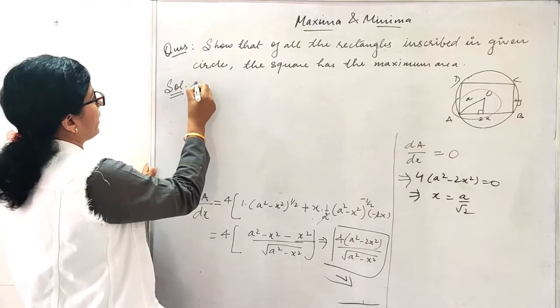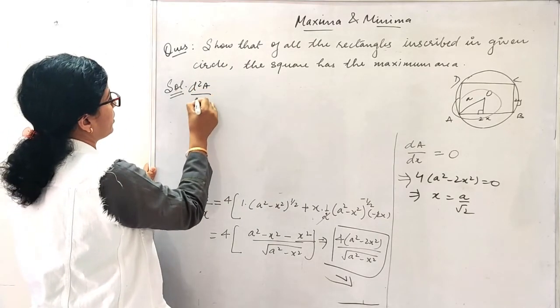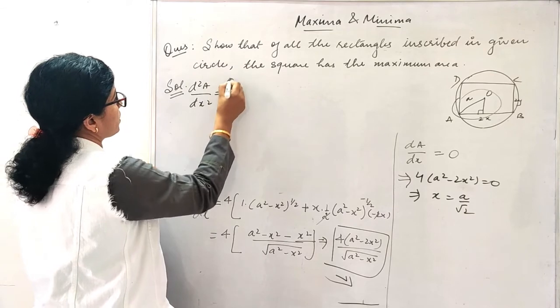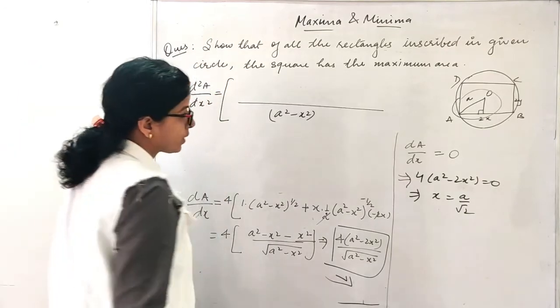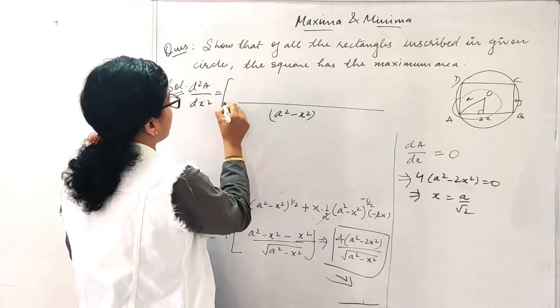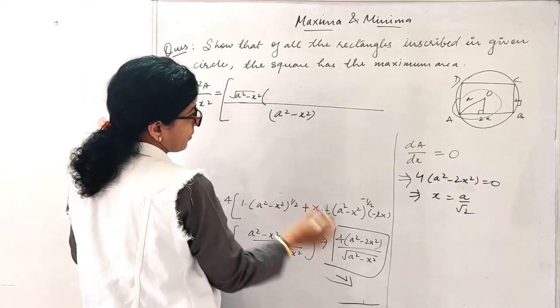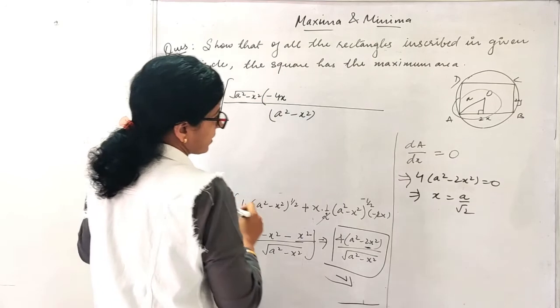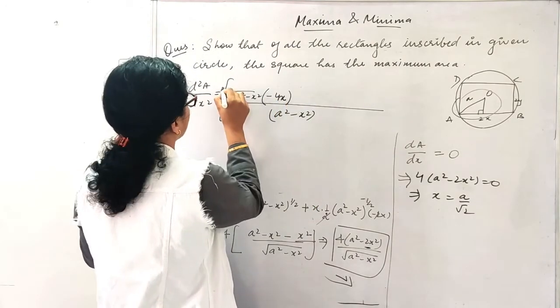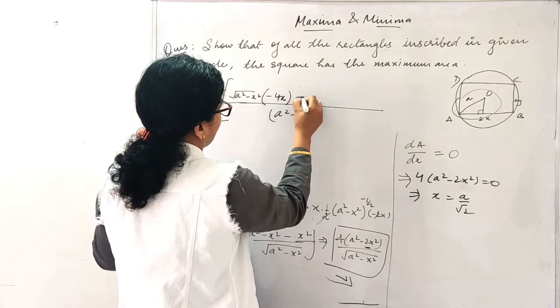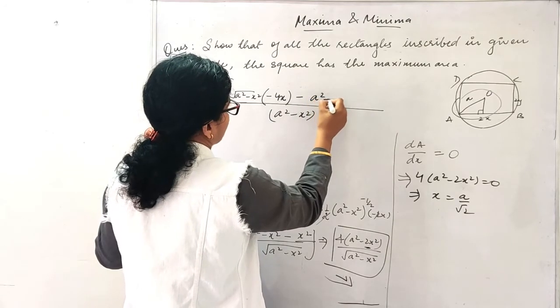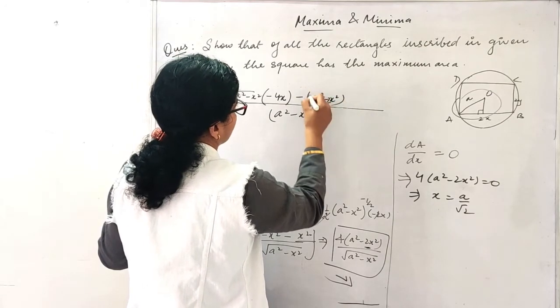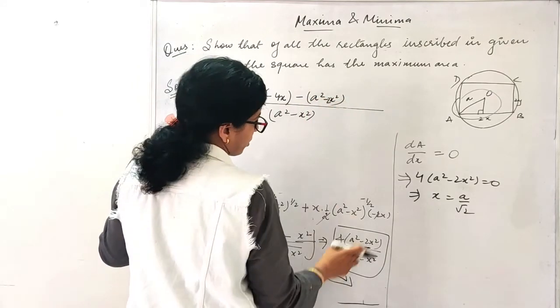So we have to find d2A upon dx2, which is equal to, this will become, the denominator will be written as it is, and we have to find the differentiation of this. So minus 4x, right? 4 I can write outside, numerator as it is, and I have to differentiate now the denominator.